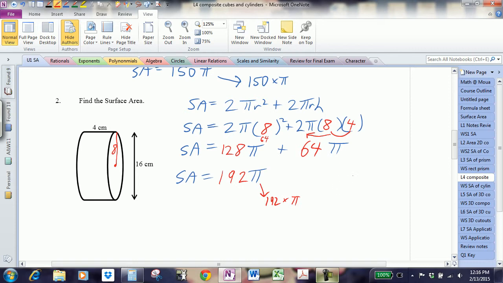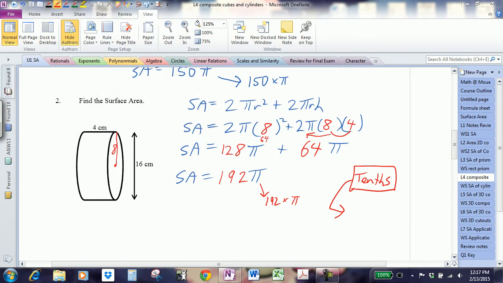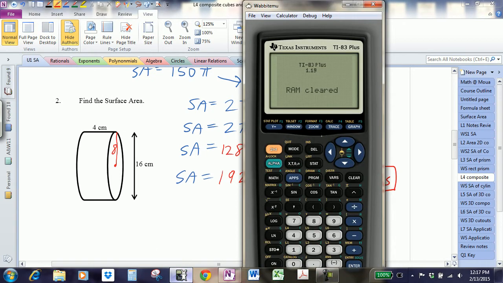And remember, it's 192 times pi. Let's go to the nearest tenths, just to make sure you know how to do it, although I don't really like to do it. How many tenths would that be? It's been acting funny on me, but it seems to be working again. How many pi is it? 192.